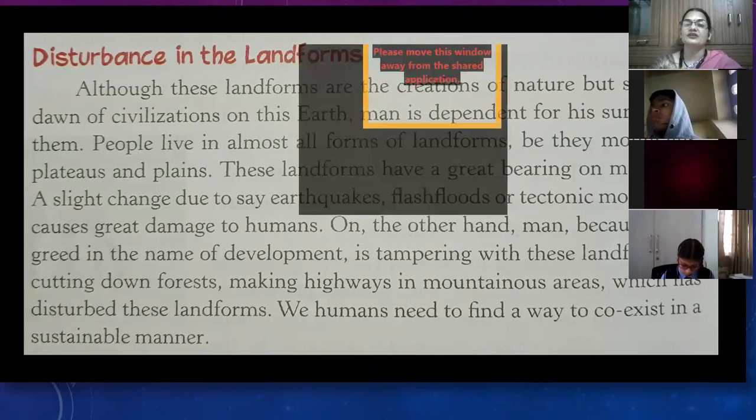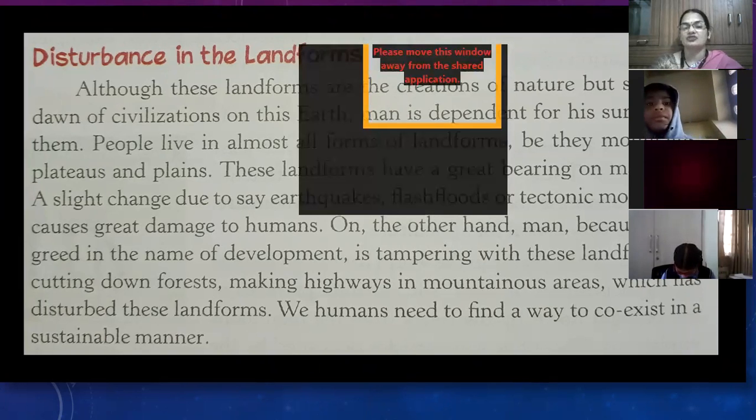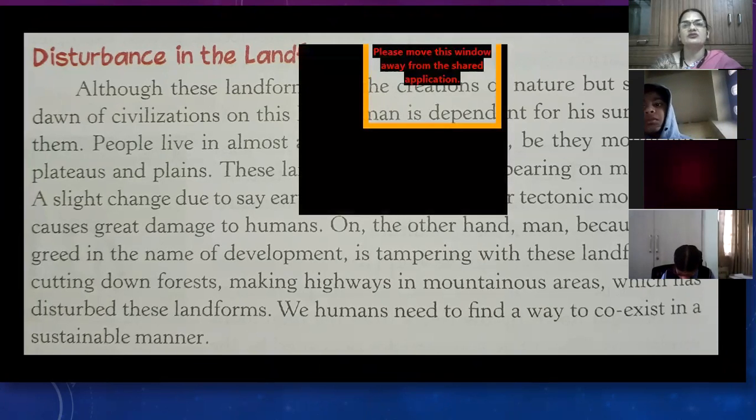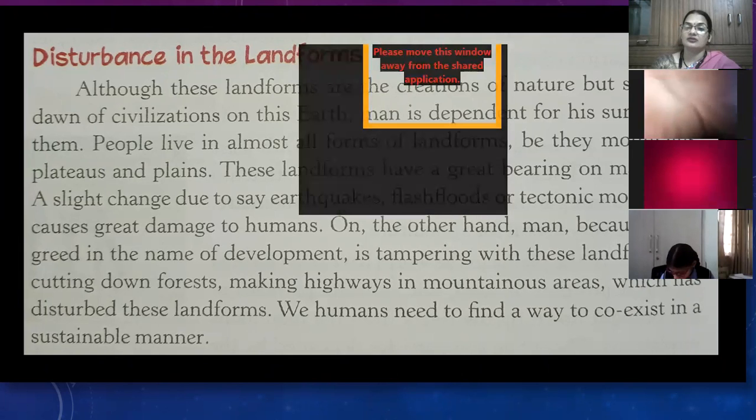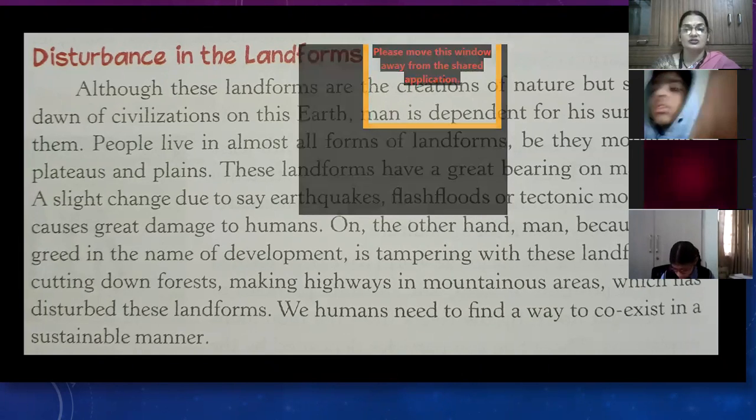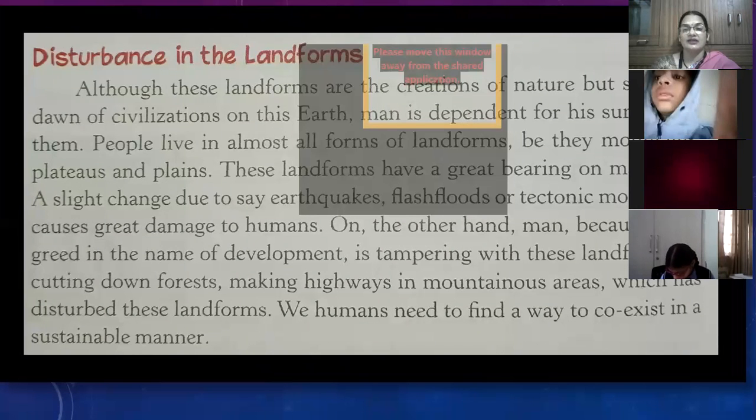We can take our own example. We are living in the cities of the plains such as Ajmer, Jaipur. If you compare the people who are staying in the desert area or the hilly areas of the Aravalli Range, we have both features in our state Rajasthan. See, the mountain region, desert region, and the plain area.